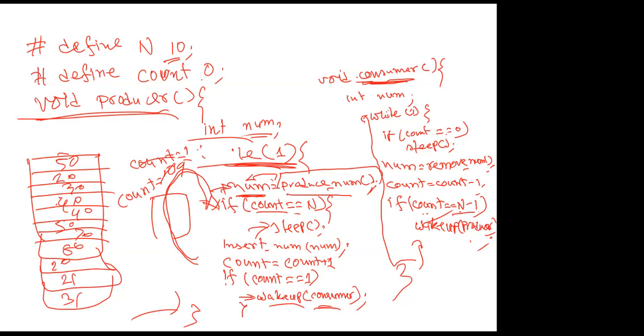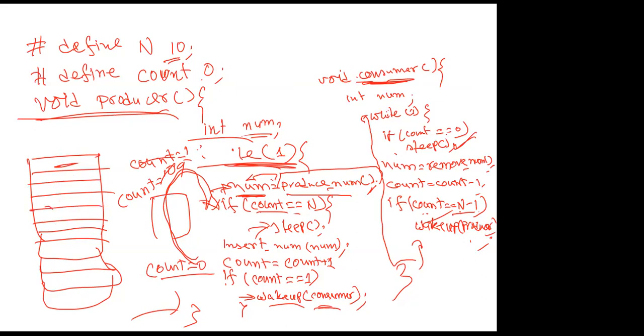It deletes 50, and then count will be 0. Once count is 0, the consumer function will go into sleep mode, the block state, because there is no number to delete.